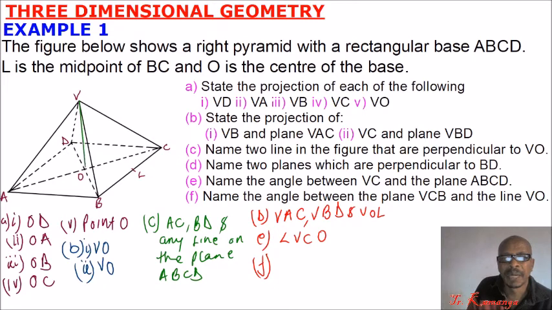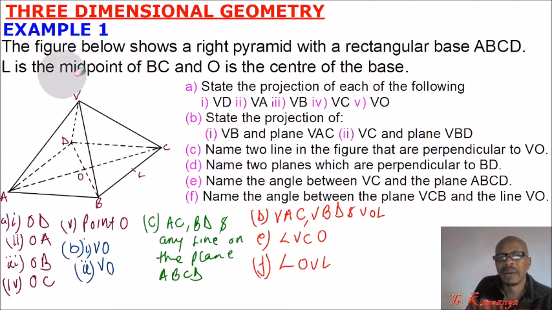If you drop VO there, its projection is OL. So the angle is actually OVL. If you drop VC here, it should fall onto VL. So this is the angle that we are interested in, angle OVL. That is the angle between the line VO and the plane VBC. And that's how you answer that question.